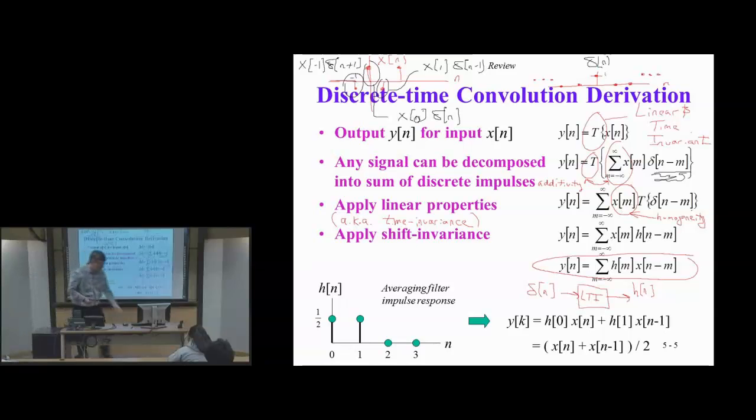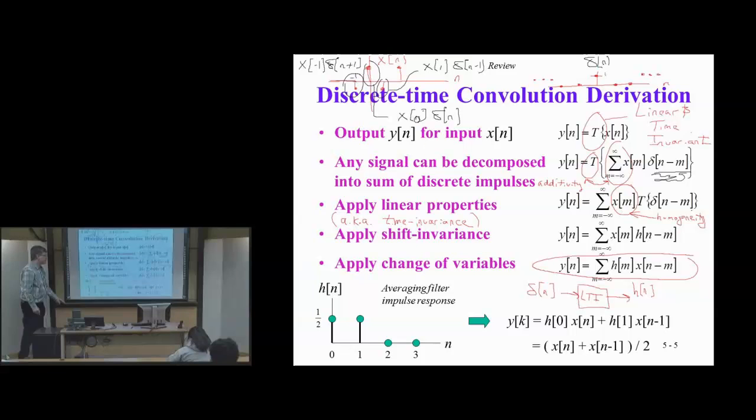All right, simple example, averaging filter, two-tap, normalized averaging filter. So again, here's our impulse response. Apply the discrete time convolution formula. There are only two values of little m that need to be looked at, which is little m is 0, little m is 1. Just run the convolution formula. I get h of 0 times x of n. That's when little m is 0.